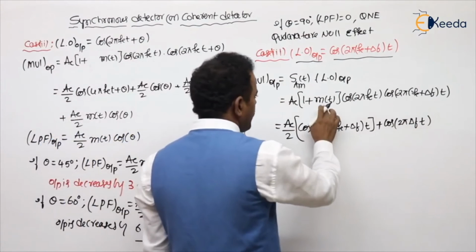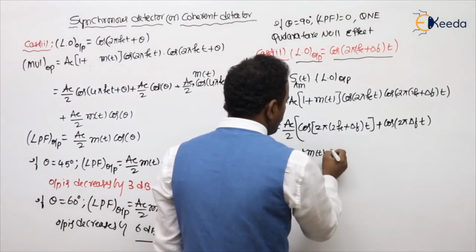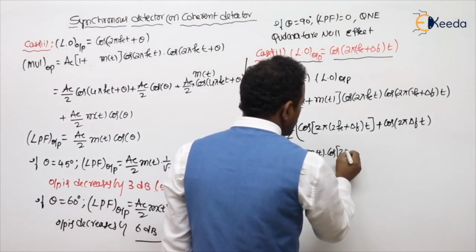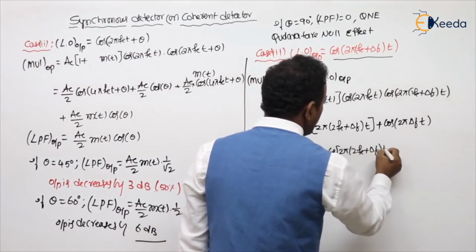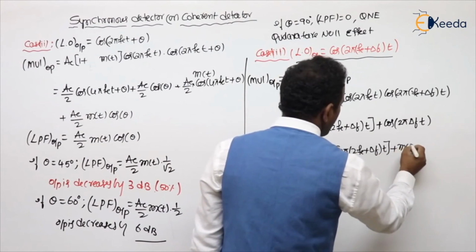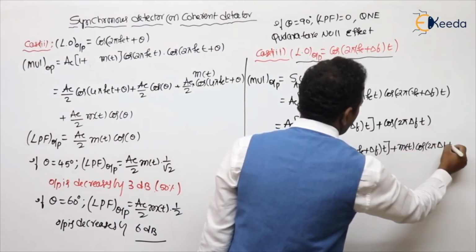Next, we need to multiply with m of t, which gives m of t into cos 2 pi into (2fc plus delta f) t plus m of t into cos 2 pi into delta f t.